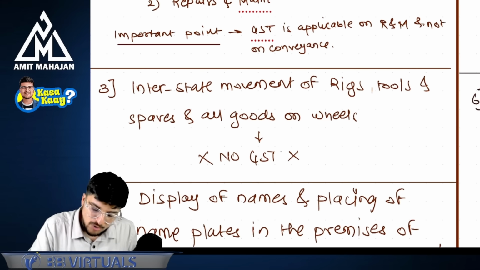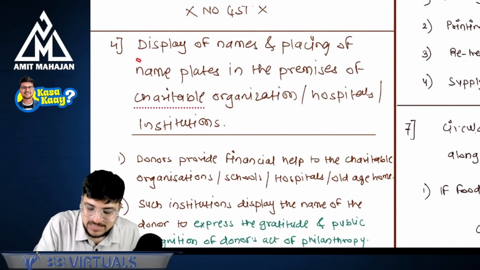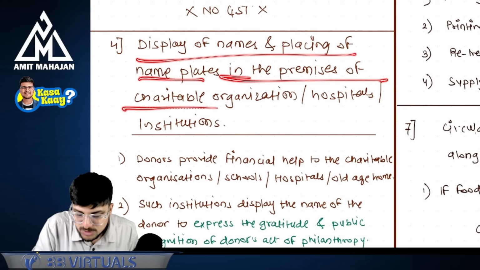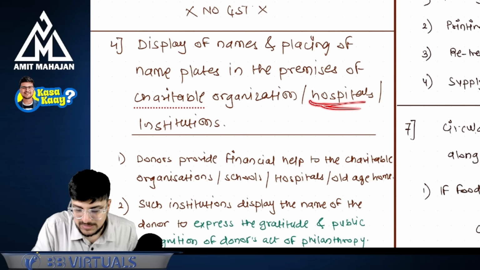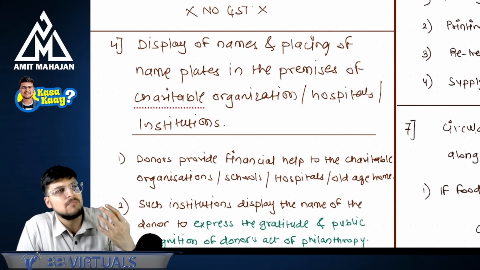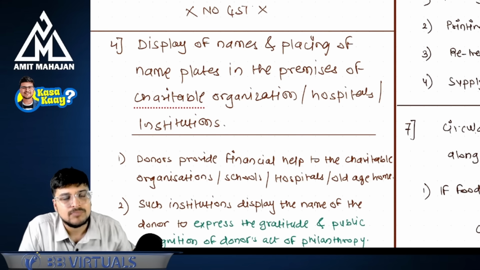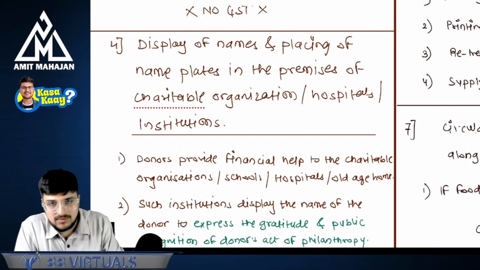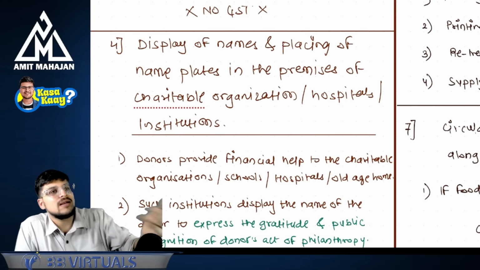This is the third. The fourth point is display of names and placing nameplates in the premises of charitable organizations, hospitals, and institutions. For example, I want to donate some 10 crore rupees to one temple. I go to the Balaji temple, and I donate 10 crore rupees.